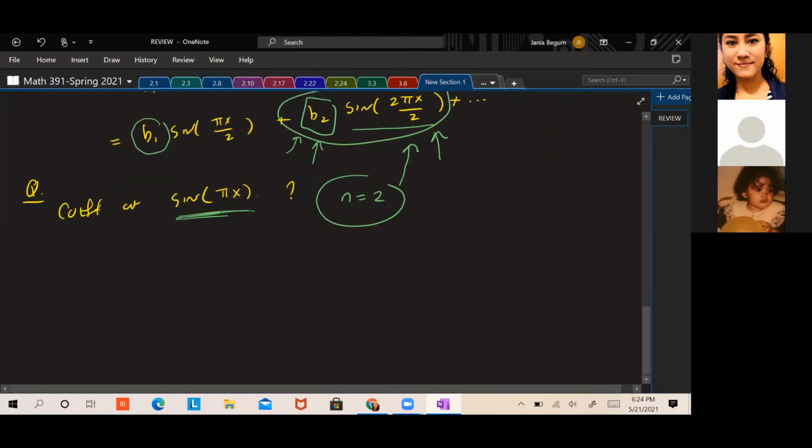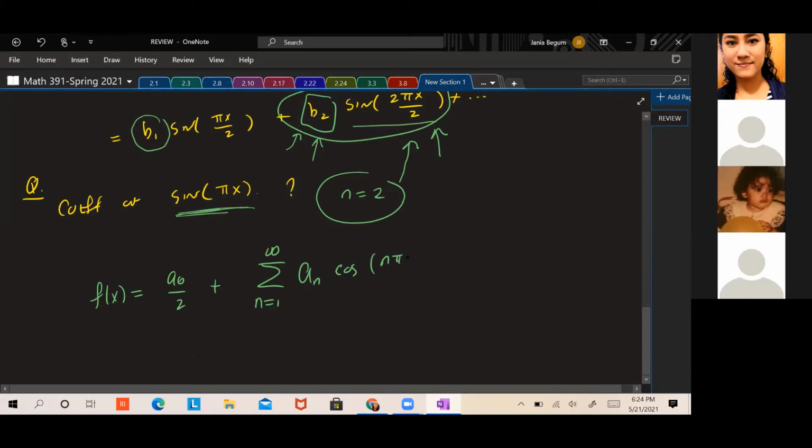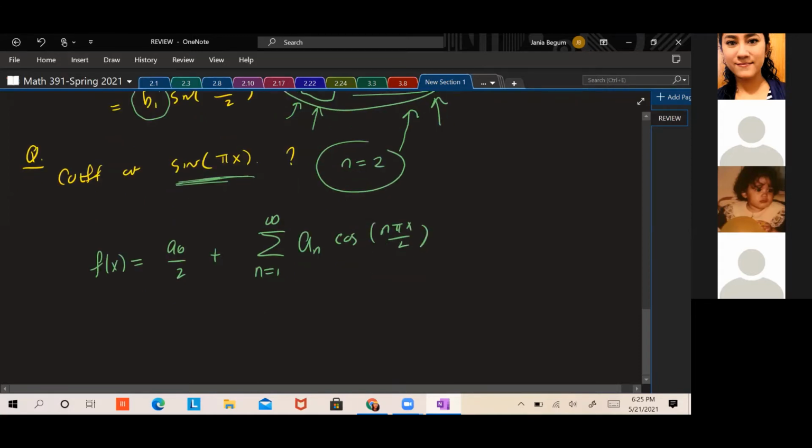Now, even for cosine series, you have f of x equal to a0 over 2 plus the sum from n equals 1 to infinity of an cosine of n pi x over L. So if I want you to find the coefficient of, you know, cosine of 7 pi x, then you pretty much have to solve it.